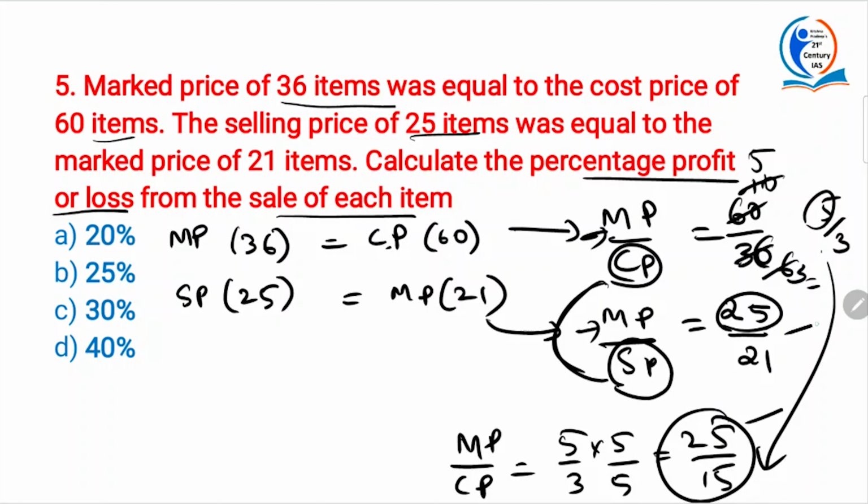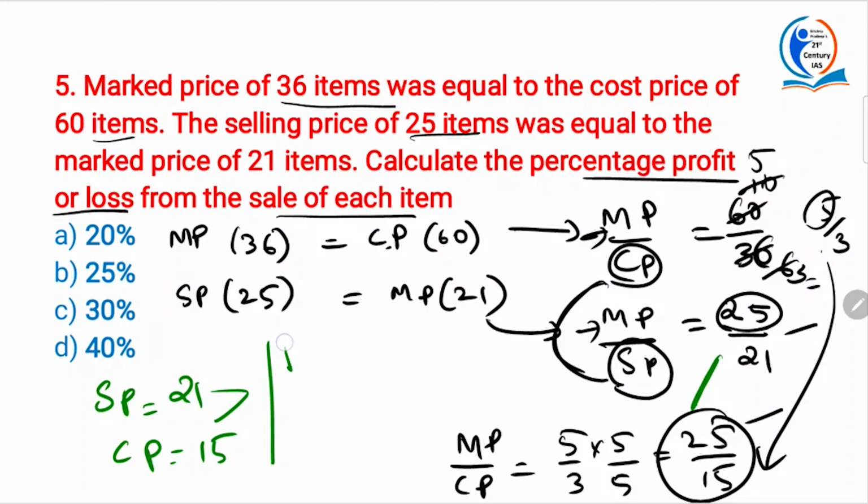Now you compare this one and this one. Now if you compare these two, SP's value is 21. All right. Now what is CP's value? It is 15. All right. Now from these two, what can you say? The selling price is greater than the cost price, which means there is profit. Now how will you calculate profit percentage?